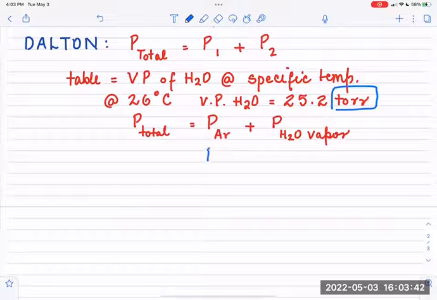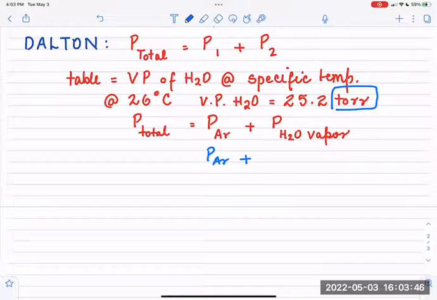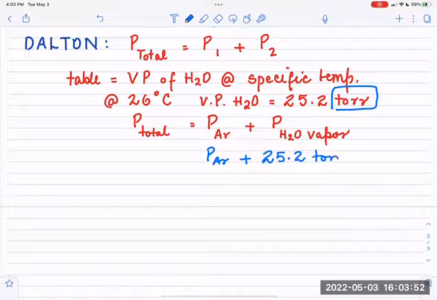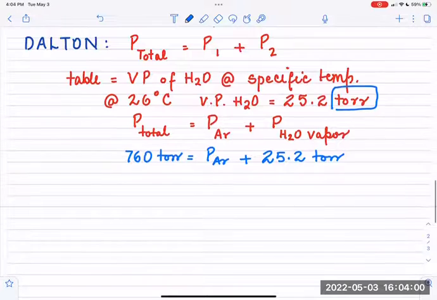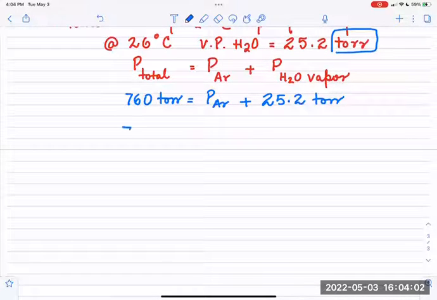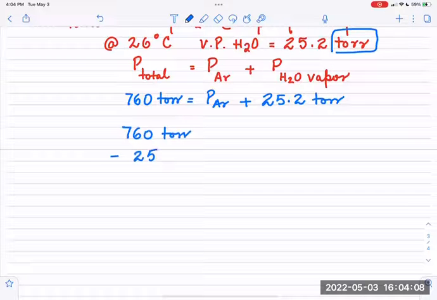Okay, so pressure of argon plus the water vapor, which is 25.2 torr, is equal to the total pressure, 760 torr. So basically 760 torr minus 25.2 torr.